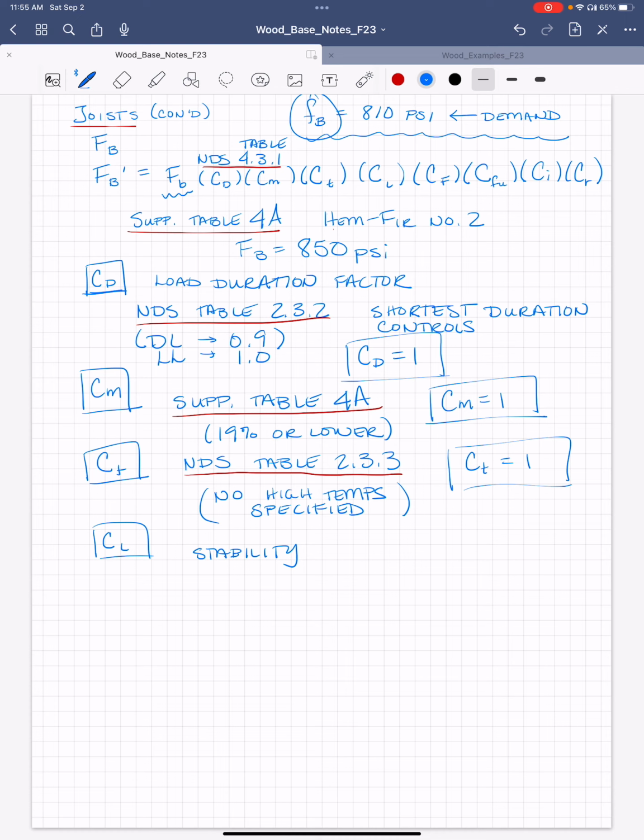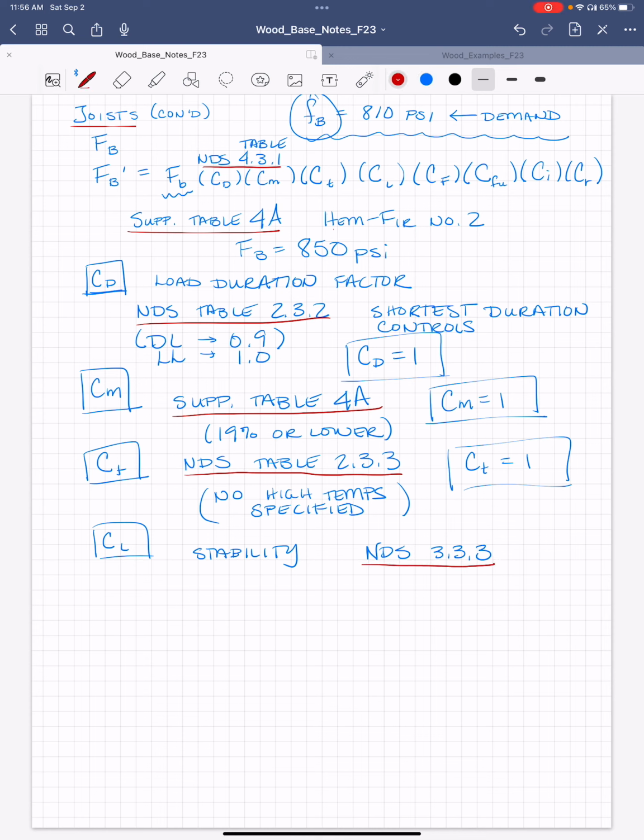All right, so bending members general, and we talked about this beam stability factor in NDS section 3.3.3.